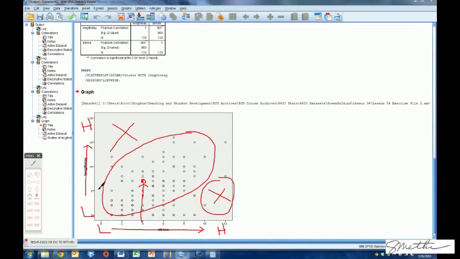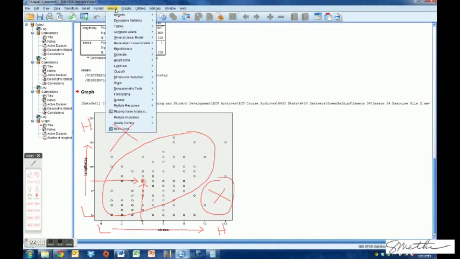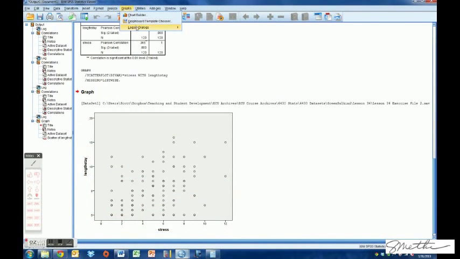Essentially, any one of these dots represents the relationship of one subject's score on this variable, stress, to their score on this variable, length of stay. Okay, so any one of these dots represents that. All right, therefore, you can make some sense out of the correlation scatter plot here.